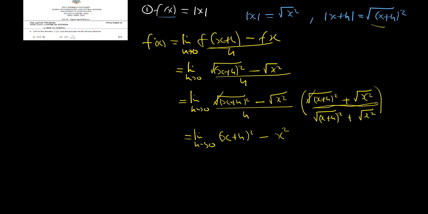That is if we cancel. Alright, then over h open bracket, this one will now remain just the same thing. Alright, so root of x plus h squared plus root of x squared like that. Okay, so we are done like that.